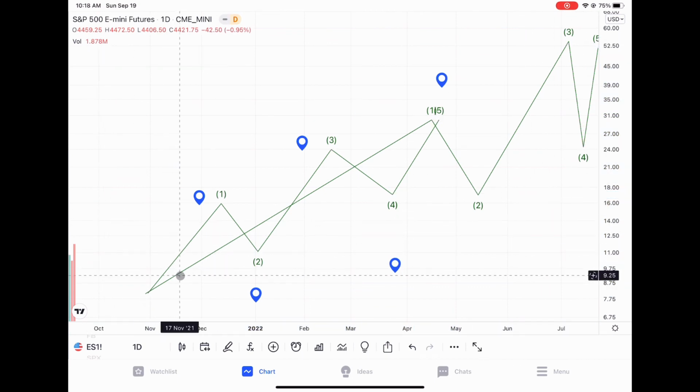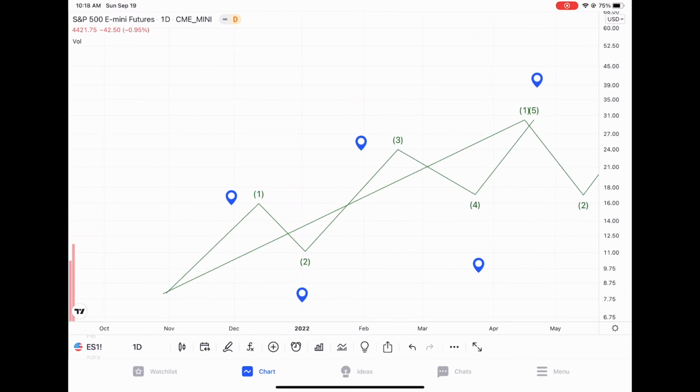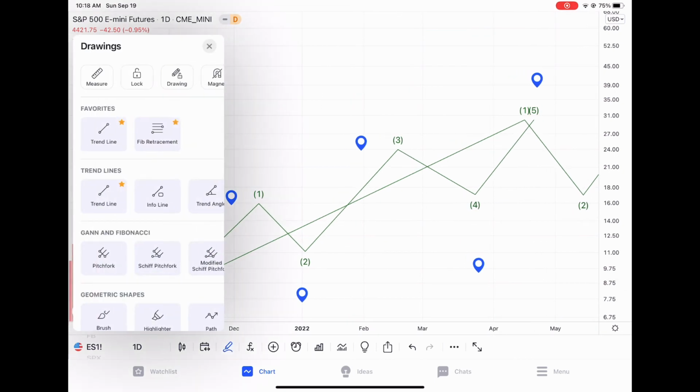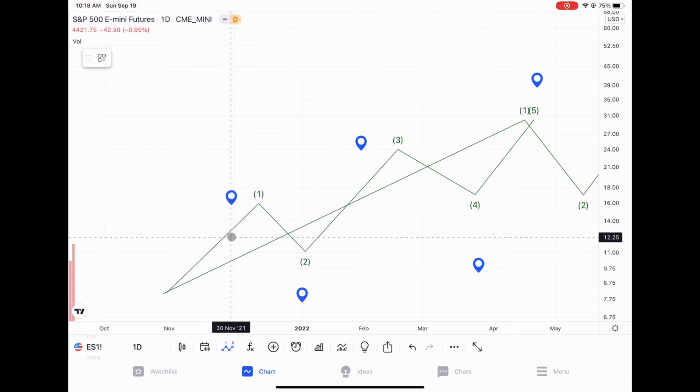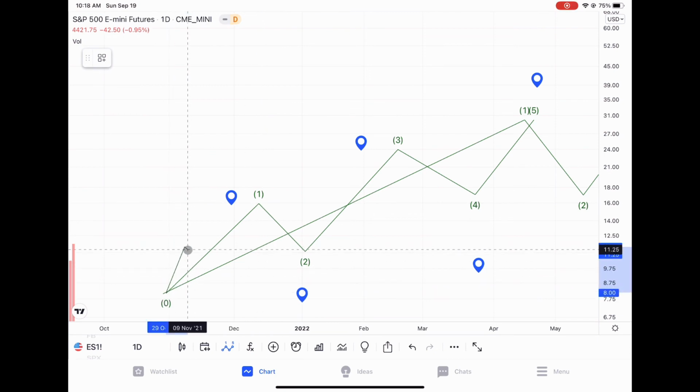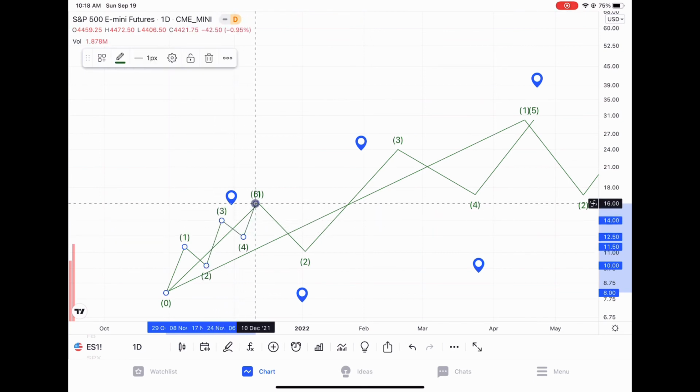So wave 2. And if you're trading that on a weekly, you zoom in, that was a daily, you can assume that intraday you'll have this impulse as well. Wave 1, wave 2, wave 3, wave 4, and wave 5.